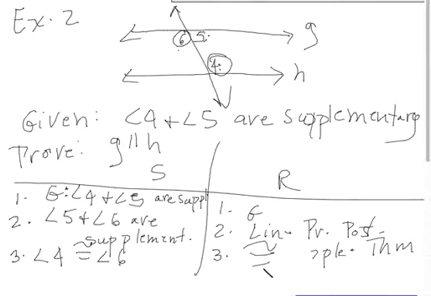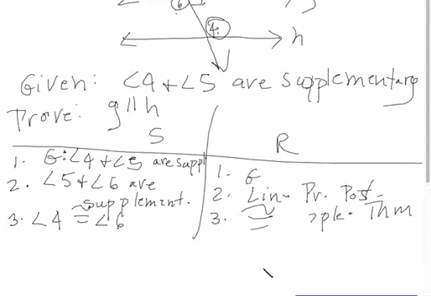Okay. So now I know that 6 and 4 are congruent. In example 1, what did we prove? We proved the alternate interior angles converse: if alternate interior angles are congruent, then the lines are parallel. 4 and 6 are alternate interior angles.